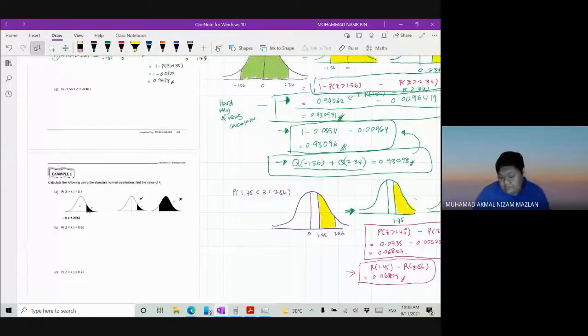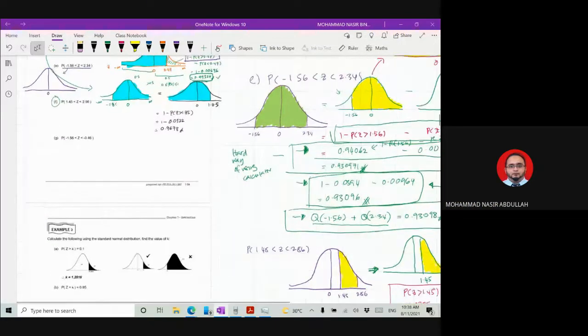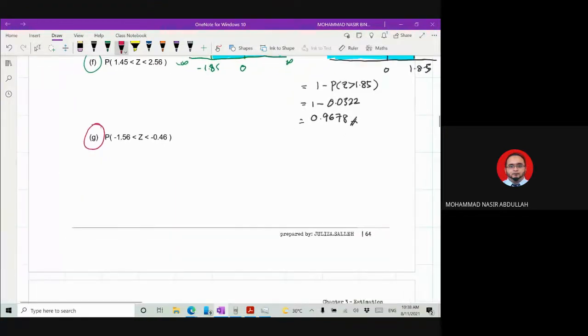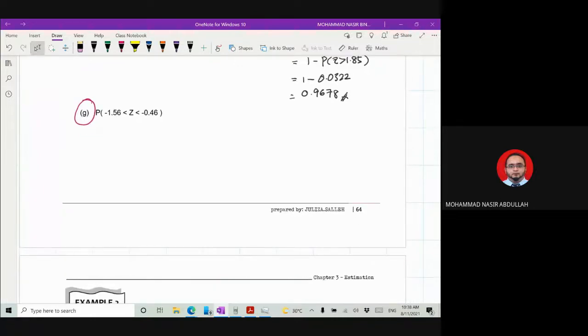Yes, correct. So it's the same concept to the left, right? To the left also same concept. So if we look here, this is 0.